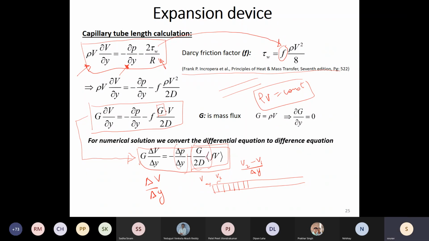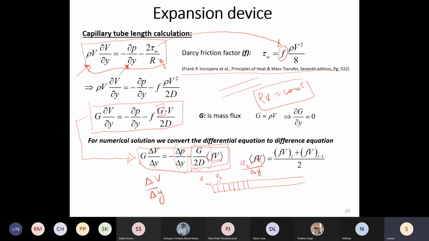Now what is this FV bracket? So this is just the average F into V. What it says is there would be a different friction factor at the beginning of the node and a different friction factor at the end of this node, because the velocities are changing, the properties are changing across the length. Hence the Reynolds number will also change.